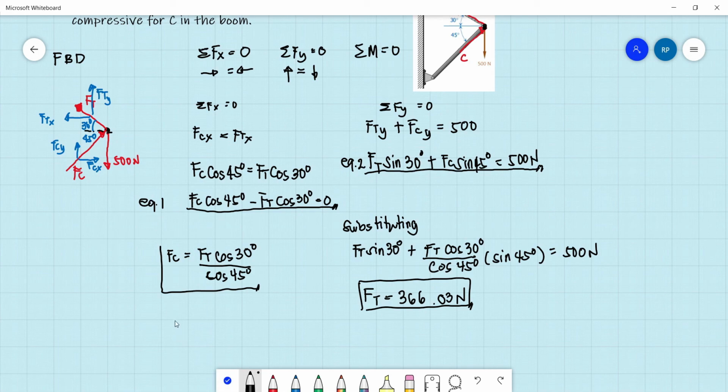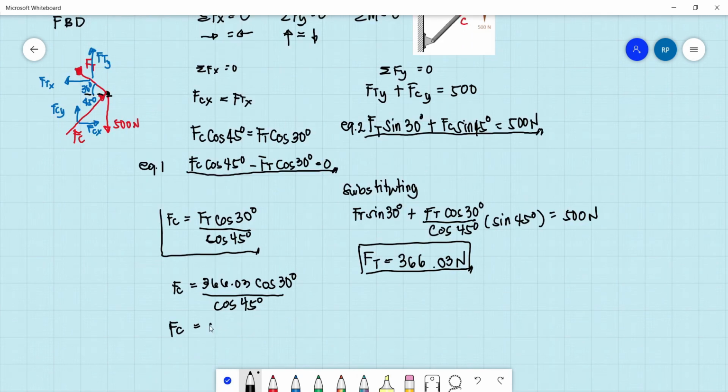So basically, we will have the value of Fc as 366.03 newtons cosine of 30 degrees all over the cosine of 45 degrees. So the value of Fc is just equal to 448.29 newtons.